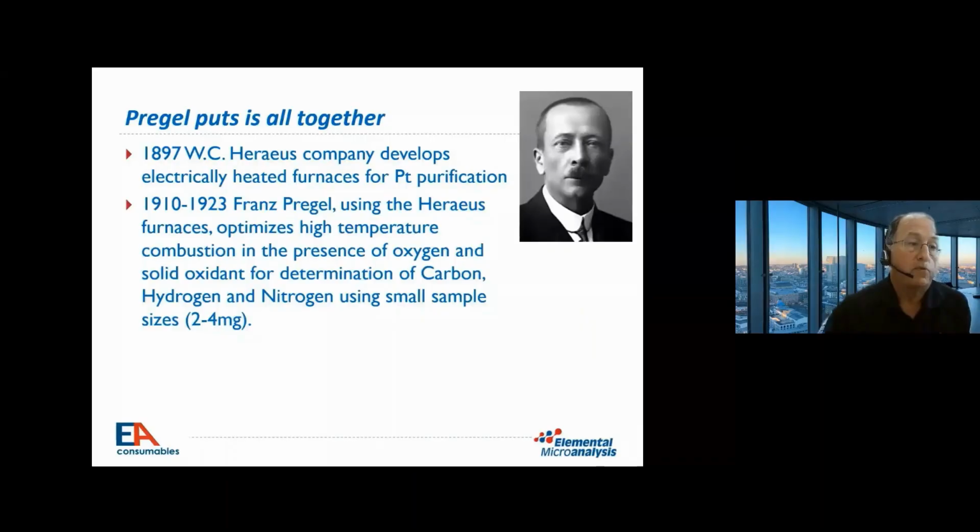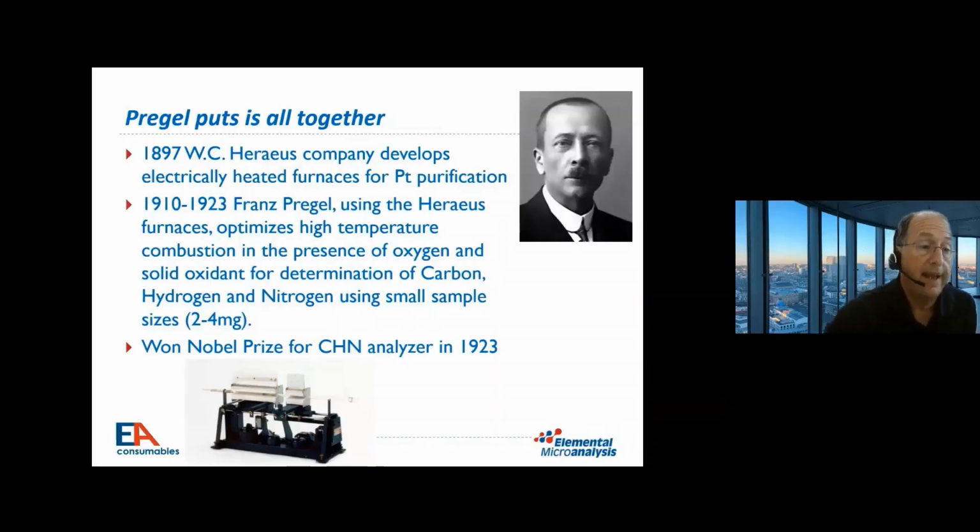Between 1910 and 1923, Fritz Pregl used the Heraeus furnaces and was able to optimize high temperature combustion in the presence of oxygen and solid oxidants in order to determine carbon, hydrogen, nitrogen using very small sample sizes. He actually won the Nobel Prize for the first CHN analyzer in 1923 using this technology.